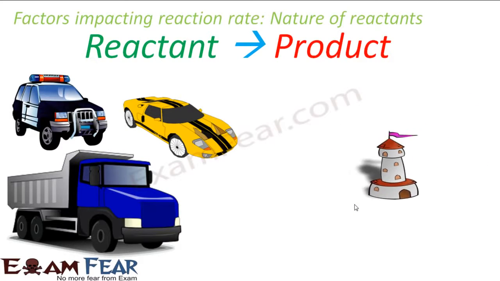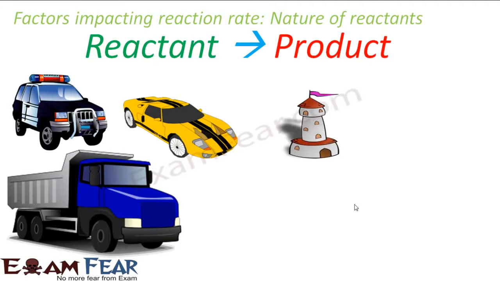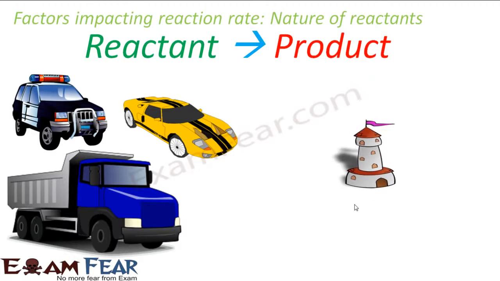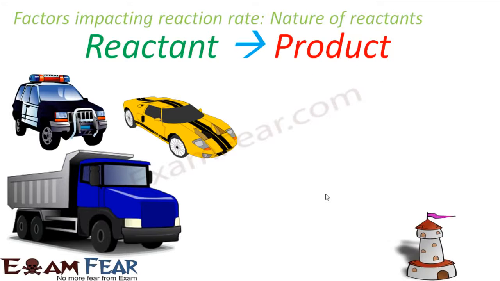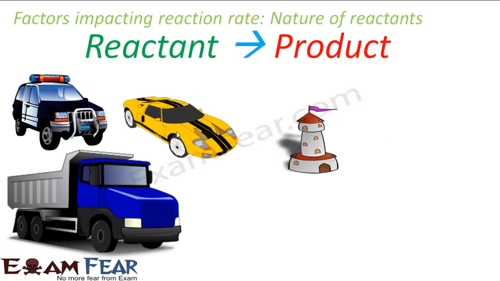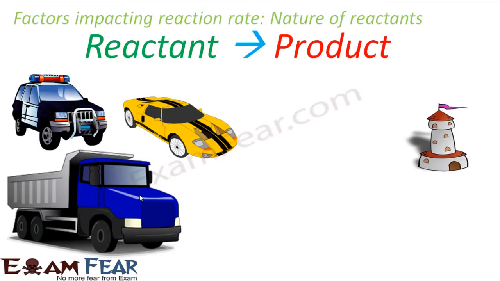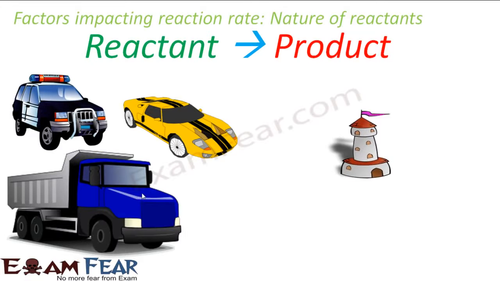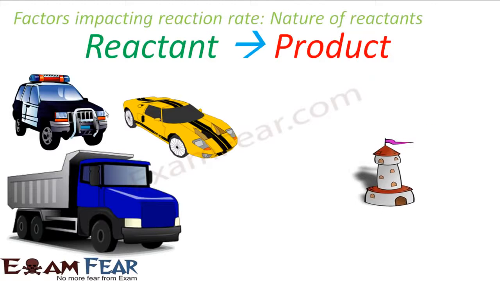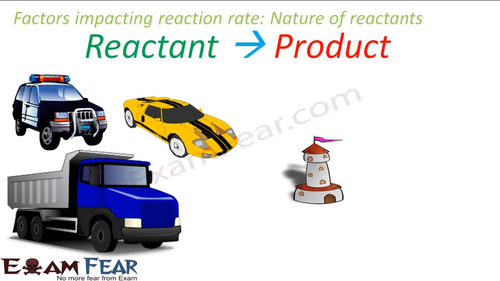Correct? Now, do you think this truck has more capacity to break the star, or this Jeep, or this car? Obviously, the truck has more capacity to break the star, right? Because it has more power, it's bigger in size. The Jeep is next, and the sedan car has the lowest impact, right?